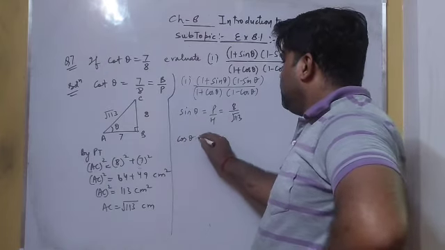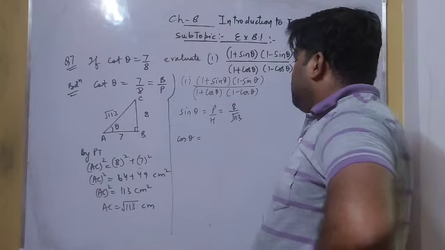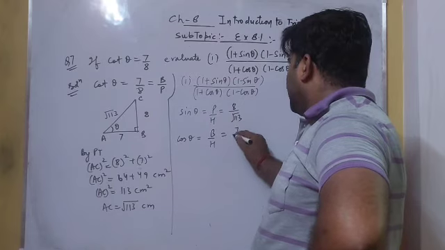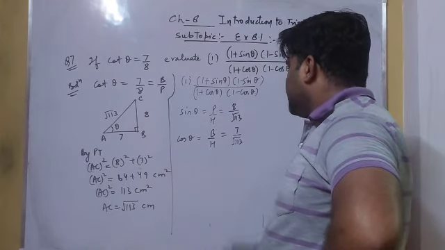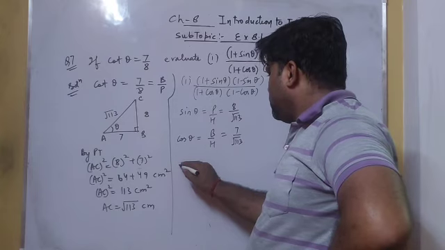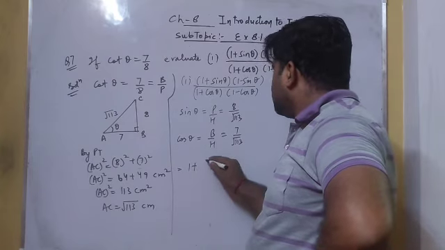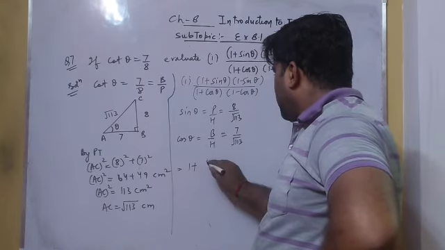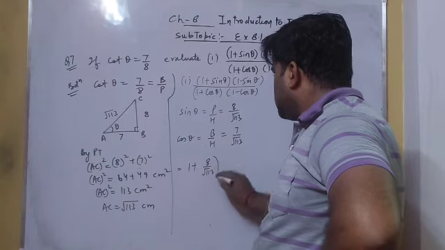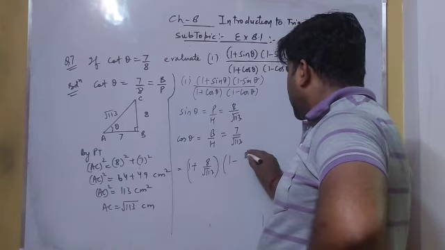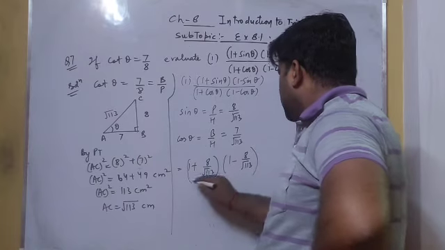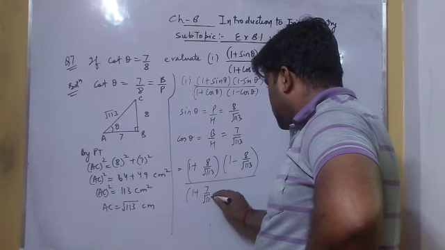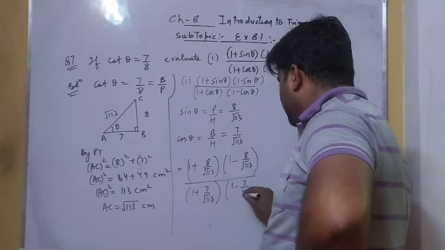Similarly cos theta is the ratio of base and hypotenuse, which is equal to 7 upon under root 113. On putting all the values here, we get (1 plus 8 by under root 113)(1 minus 8 by under root 113) upon (1 plus 7 by under root 113)(1 minus 7 by under root 113).